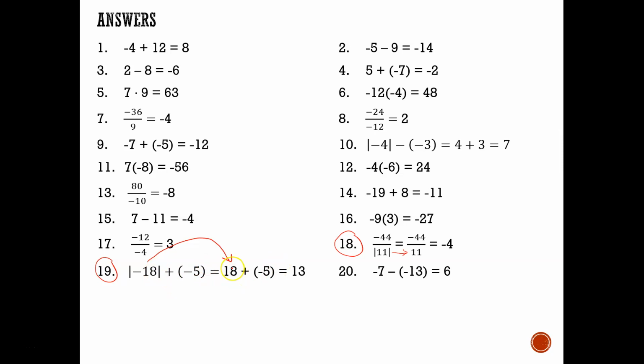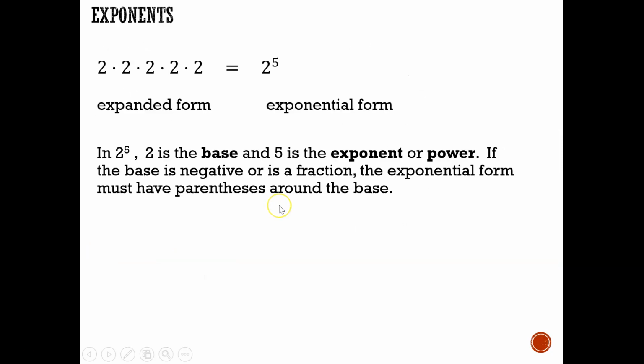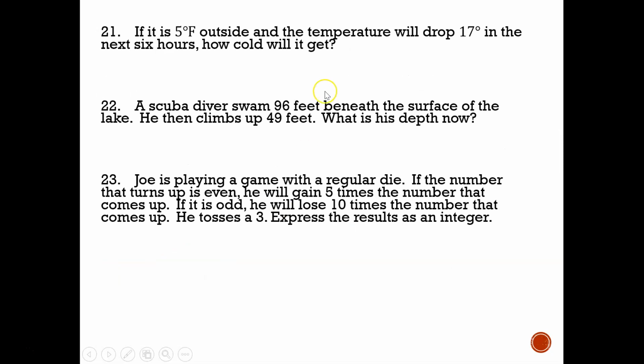Then you just keep the rest of the problem. Signs are different, subtract, take the sign of the larger. So again, if you have trouble with any of those, just mark that there on your notes and let me know during class. And let's work through these word problems real quick.